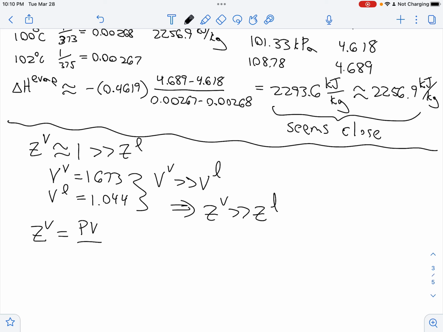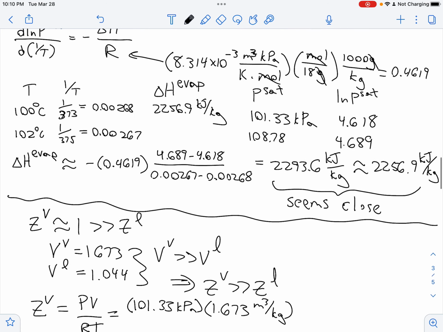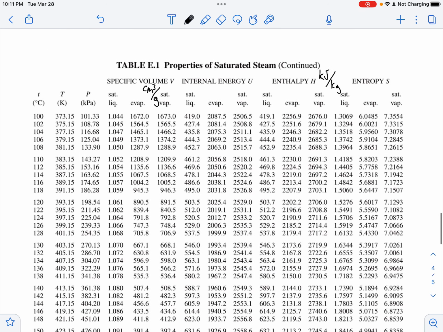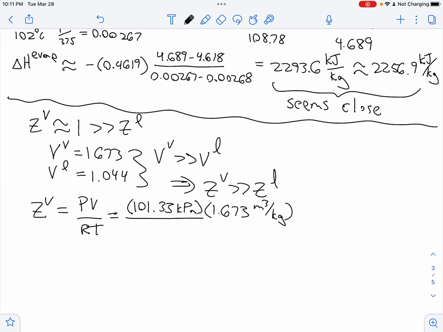So that's PV over RT. The pressure is 101.33 kilopascals. And then our volume is 1.673 meters cubed per kilogram. I know I'm skipping steps, but that's how you convert from 1673 centimeters cubed per gram to meters cubed per kilogram.